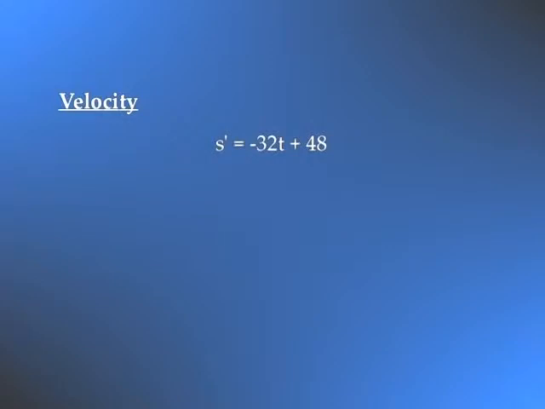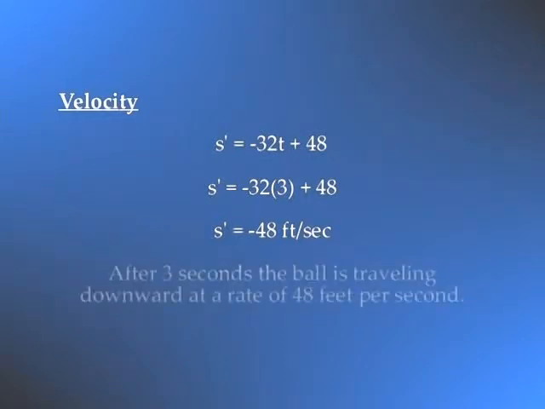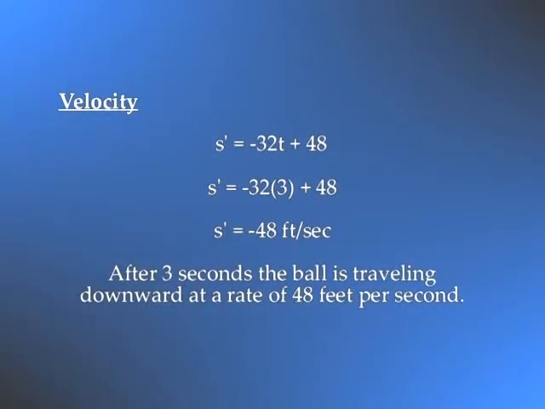Notice the notation here: I'm using s prime, and we could use the derivative of s with respect to t, a different kind of notation if we wanted to. But at any rate, all we do is take this first derivative function, replace t with 3 and evaluate, and we find that the velocity is negative 48 feet per second. And we say then that after 3 seconds the ball is traveling downward, and it's downward because of the negative, at a rate of 48 feet per second.